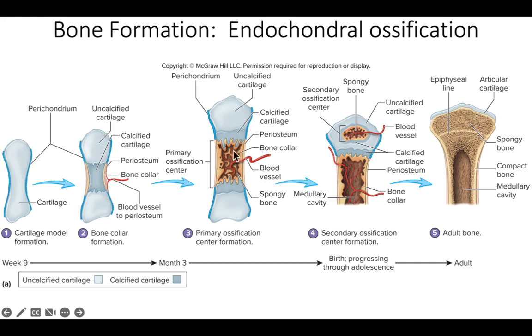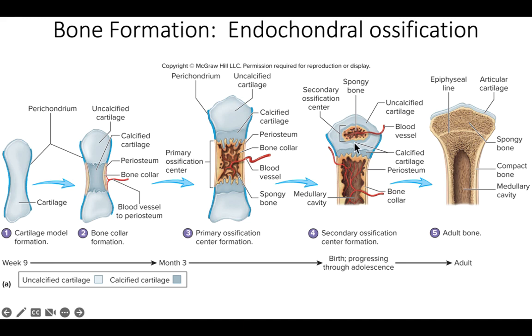But notice all of a sudden there's what's called a primary ossification center. So the cartilage that was here is being replaced with bone tissue. And as we continue through the process, there's a secondary ossification here. So notice we start to form bone through that diaphysis or shaft. Then we start to form bone in the epiphysis.